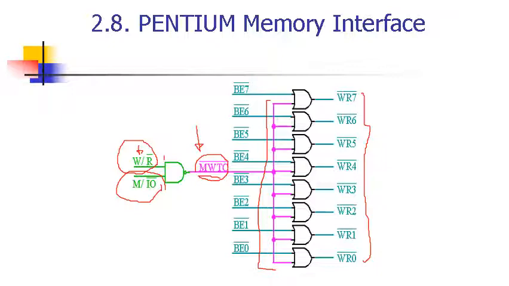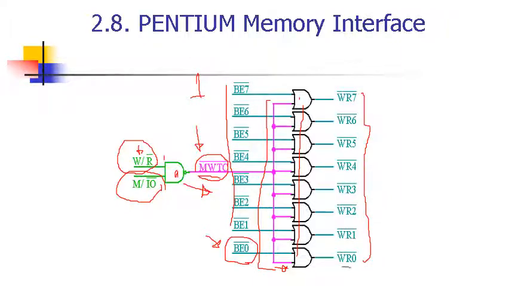So each of these OR gates receives a low signal coming from this NAND gate. Okay, if another low signal is brought in by your processor for BE0 to be active, so you received a 0 here, and a 0 was already there, while the rest of your bus enable inputs, let's say, are inactive, they are all 1s.